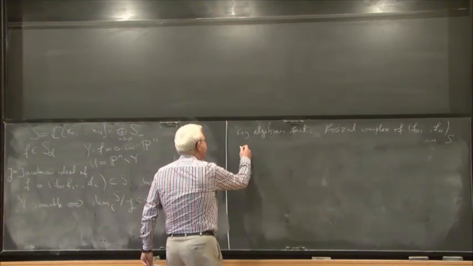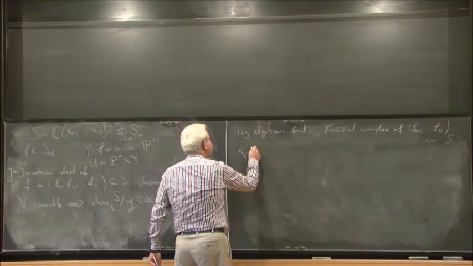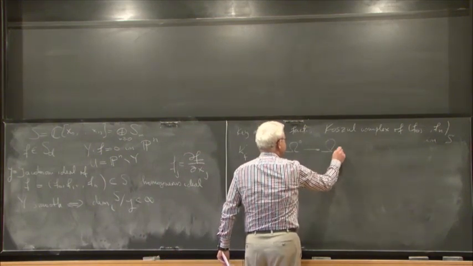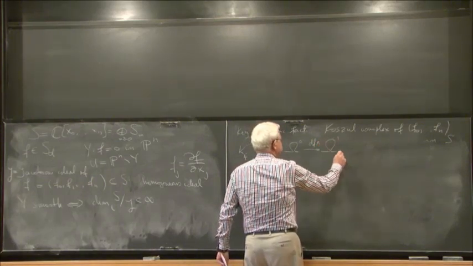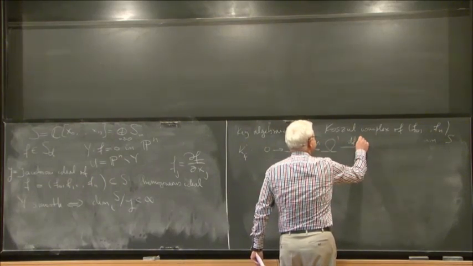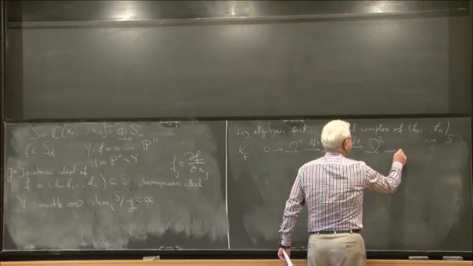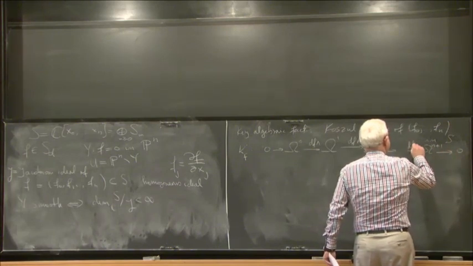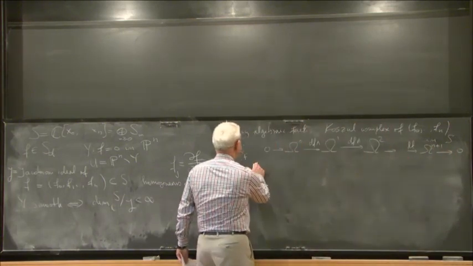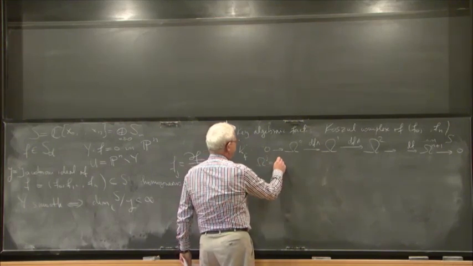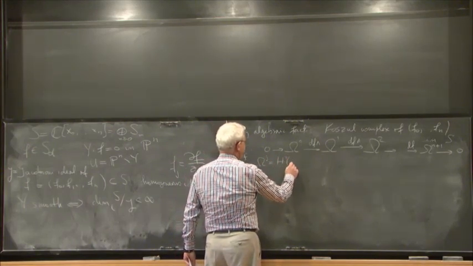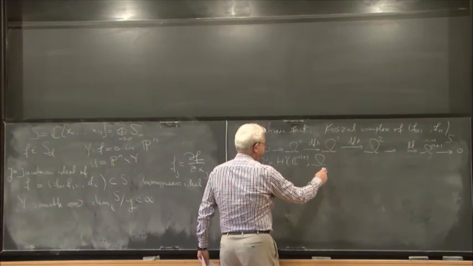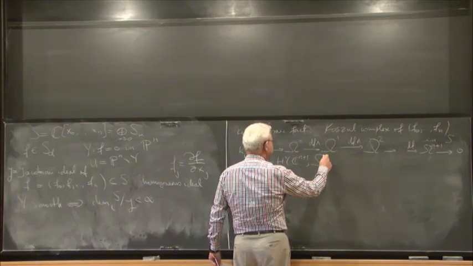We can write it in the following way. And here Omega^j are just the global sections on C^(n+1) of the sheaf of regular algebraic differential forms.